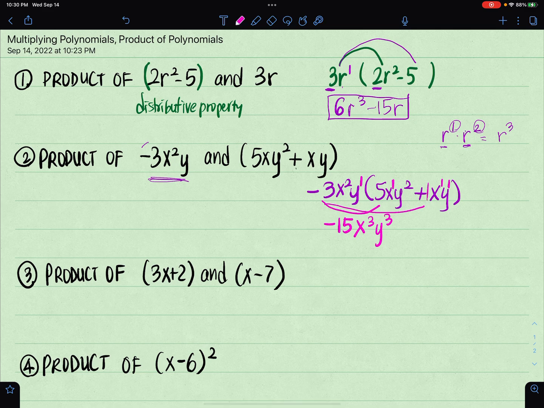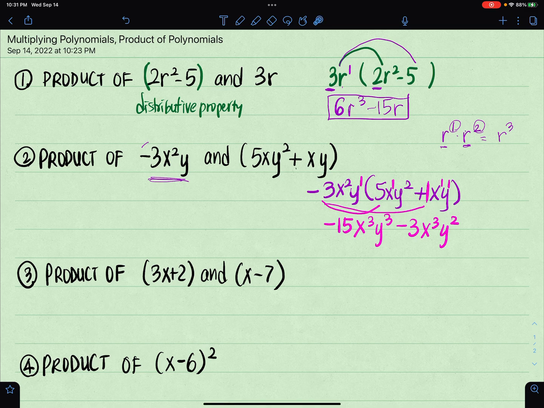If you don't see a number, there's an invisible one. So negative 3 times 1 is negative 3. x squared times x to the first is x to the third. Multiply by the same base, keep the base, add the exponents. Same idea here, y to the first times y to the first is y to the second.